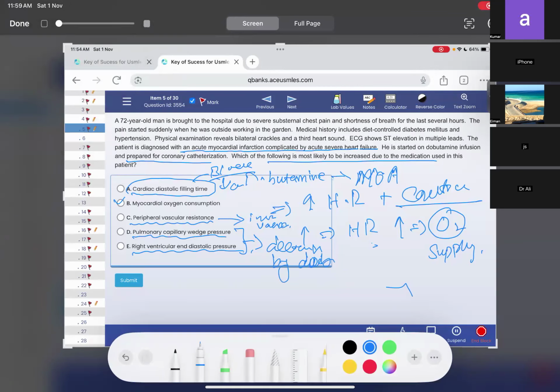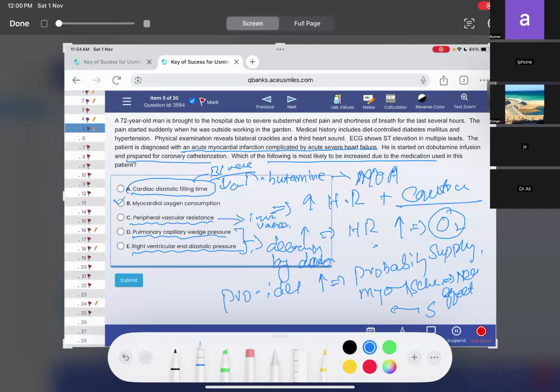So dobutamine is only given if the patient is prepared for PCI. If not, we cannot give it because it will deteriorate the MI, right? No, it is also given in the MI condition, because we cannot allow the MI to progress. The myocytes will be in ischemia, and that eventually goes to necrosis if efficient oxygen supply is not provided to them.